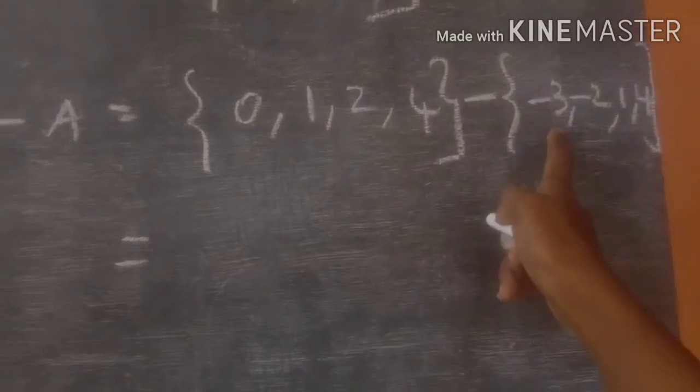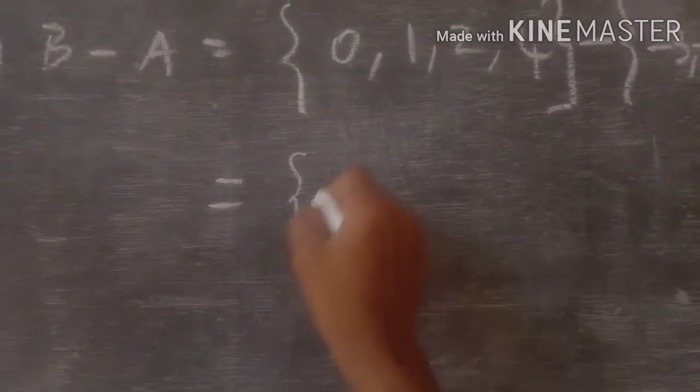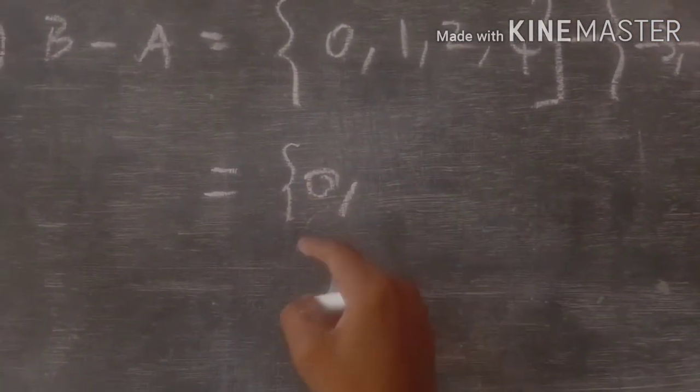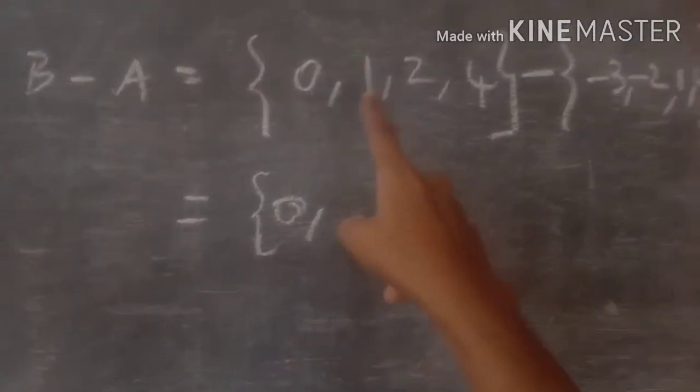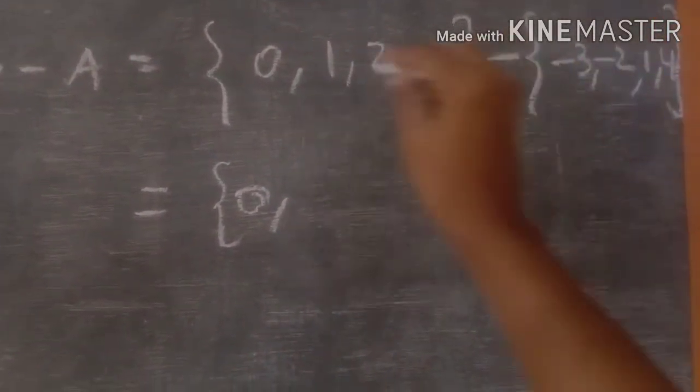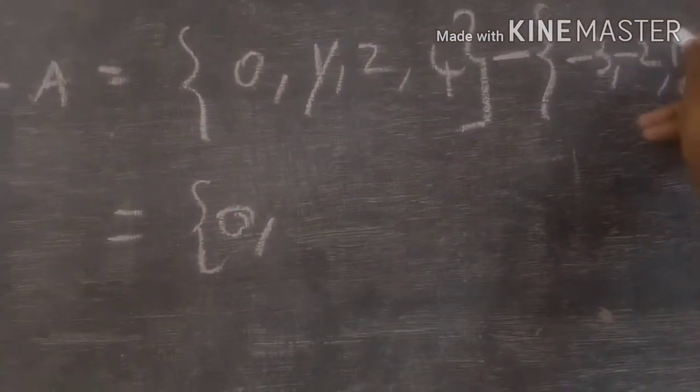0 is not in the second one, so you have to write 0. 0 does not cancel, so it comes as it is. Next, 1. 1 is there, so we have cancelled 1 in both.